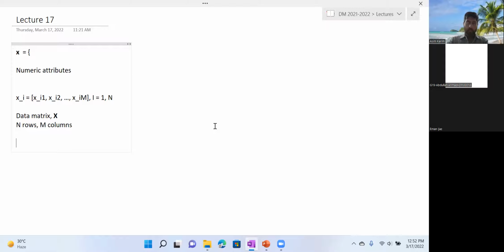Let's assume, as I said before, starting with that all attributes are numeric. For this case, one of the general forms of distance functions, not similarity but dissimilarity, and more appropriately a distance function, is what is known as the Minkowski distance.